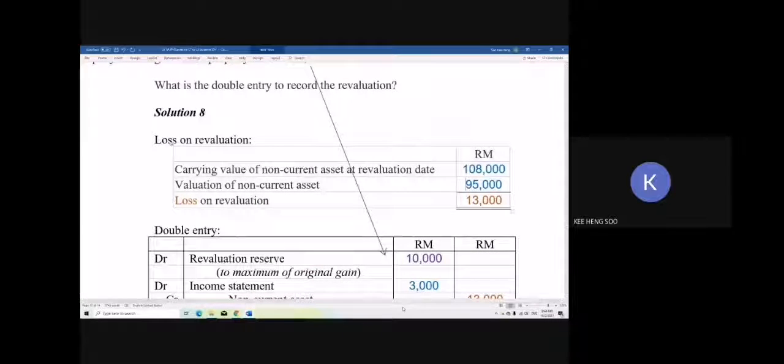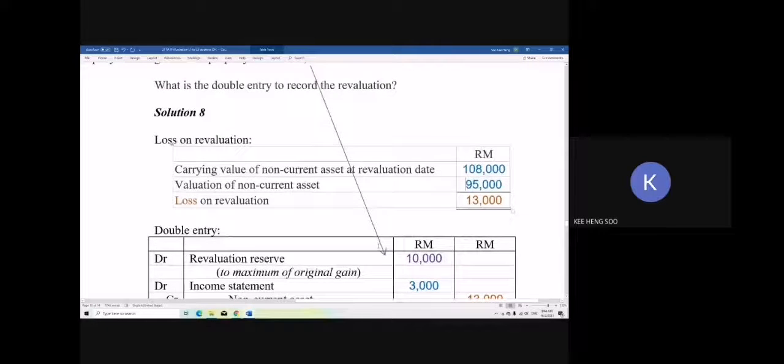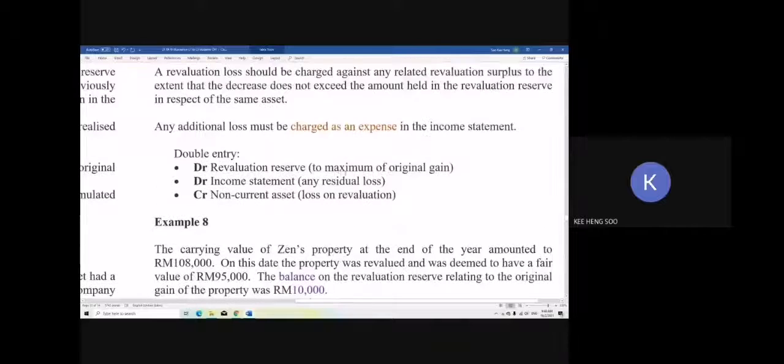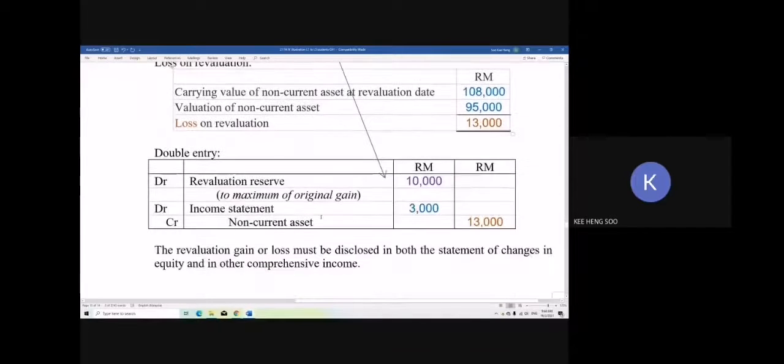So this 13, I recognize as an expense, but I can deduct at maximum the original gain. You can charge against any related revaluation surplus. Then any additional balance is a loss. Last year you had a balance of 10, so this will be your balancing figure.